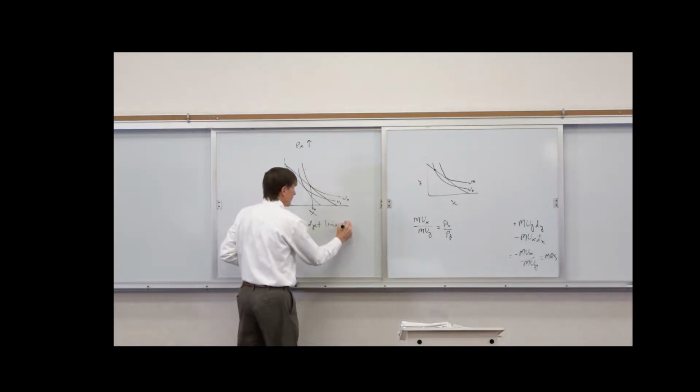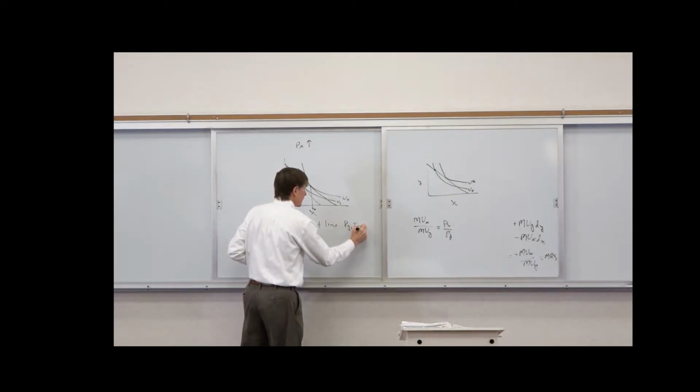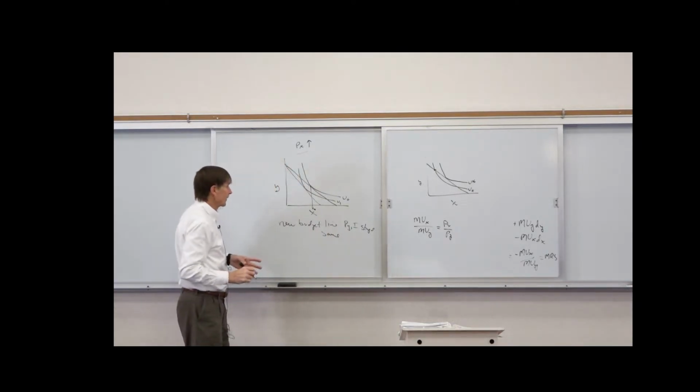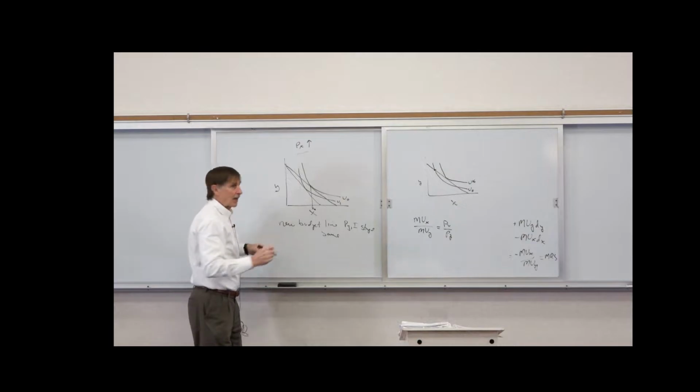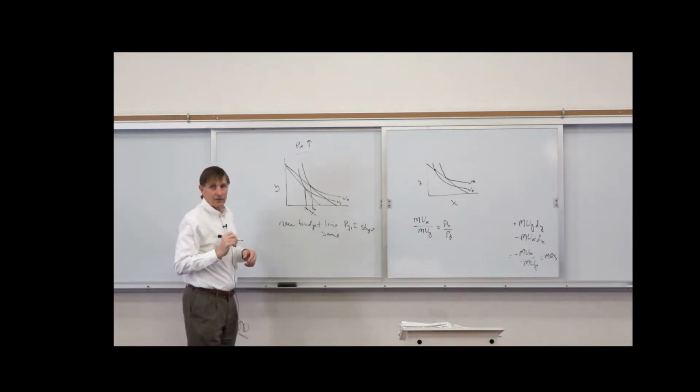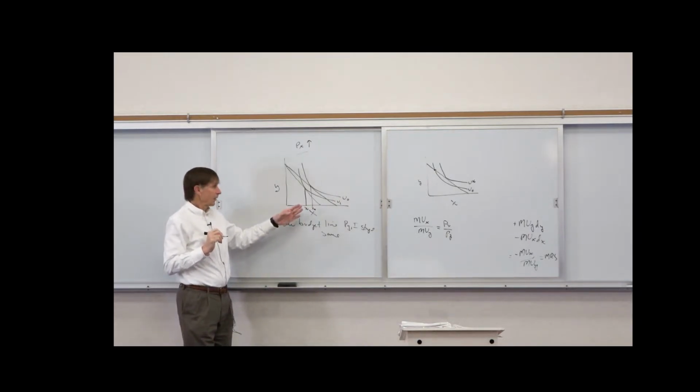We had P of y and I stayed the same. And we had the price of x going up. Well, now what's happened? Now we've got the amount of x that we're going to buy goes to there. Okay, so we have a reduction in the amount of x that we're buying.